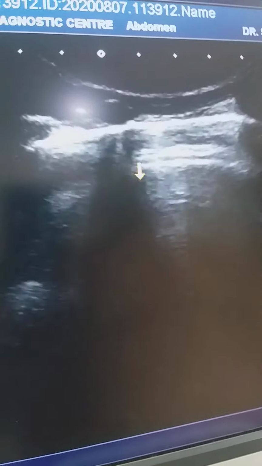One, this pleural line is moving, and second, as I have already shown you, the seashore sign is also present when we scan the patient with M mode.